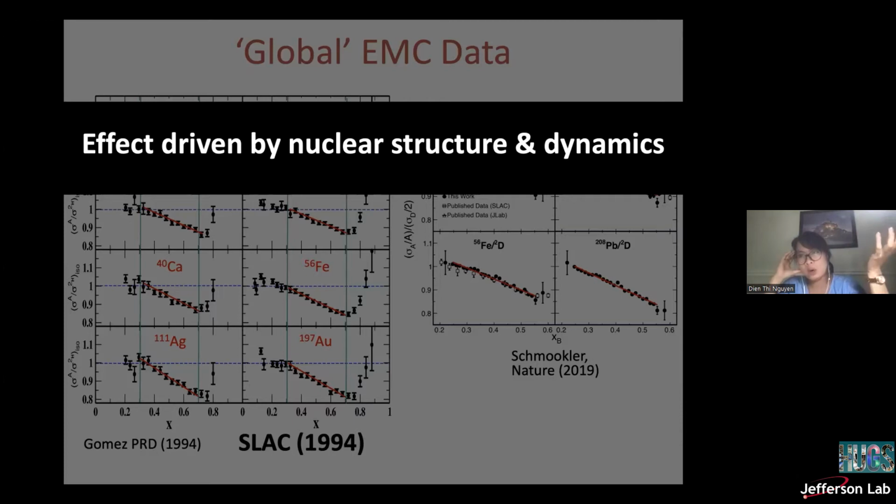Many works have been done and many assumptions put into EMC effect studies. One joke is that EMC means that every model is cool, because no model can convince everyone. That is why we joke between us that everything is cool, everything is good.